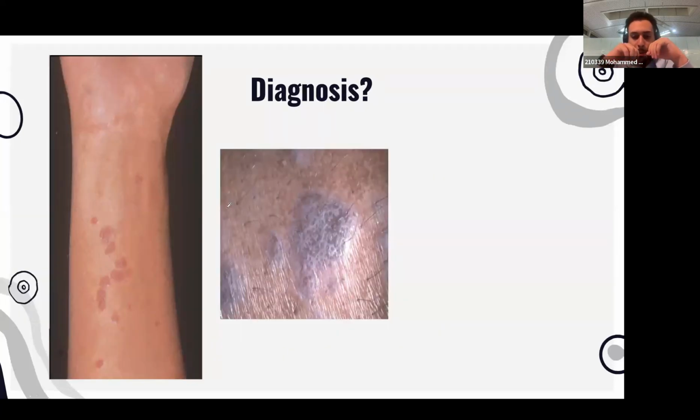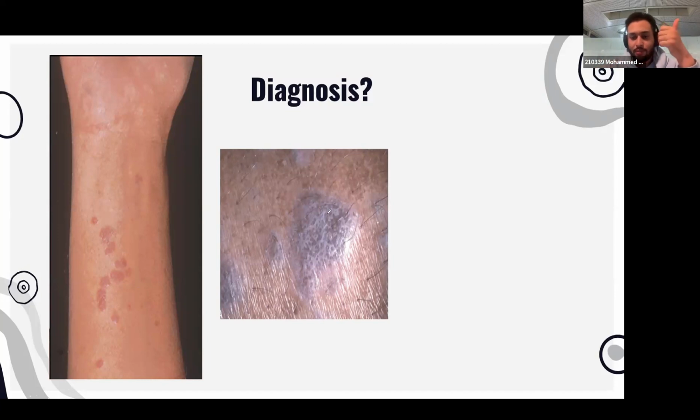Now, this disease. I want you guys to tell me, how do I remember this disease? Lichen planus. Good. What are exactly the 6 P's? Can you tell me what the 6 P's are, one by one?